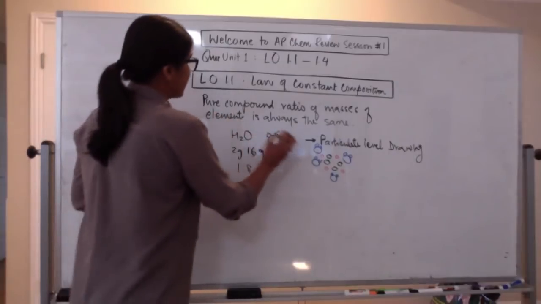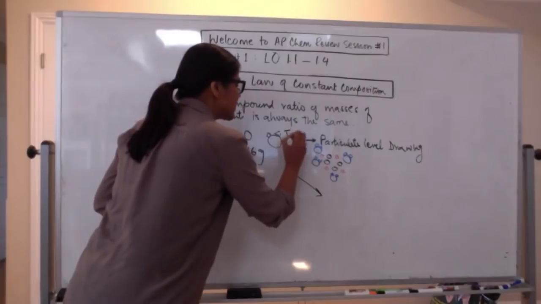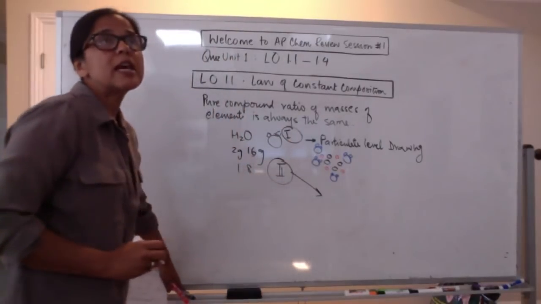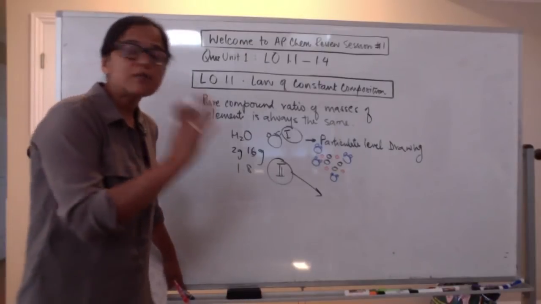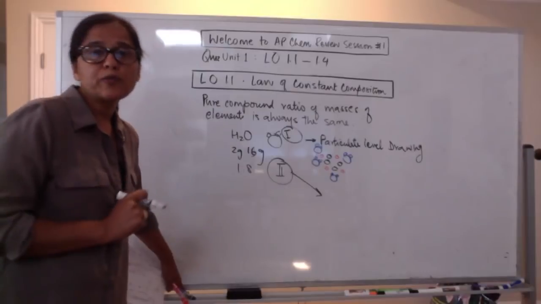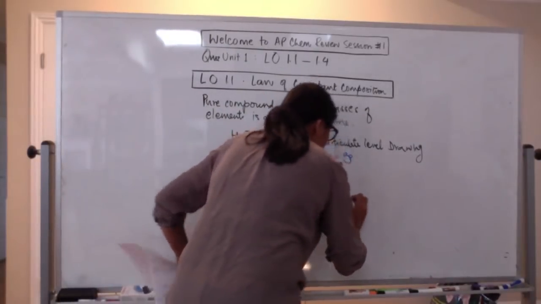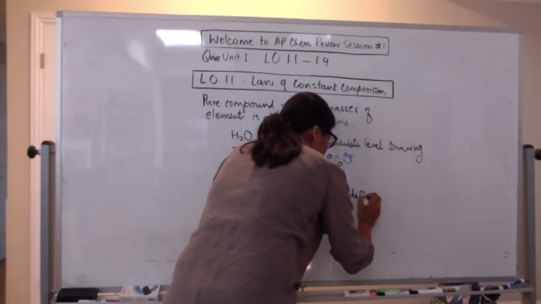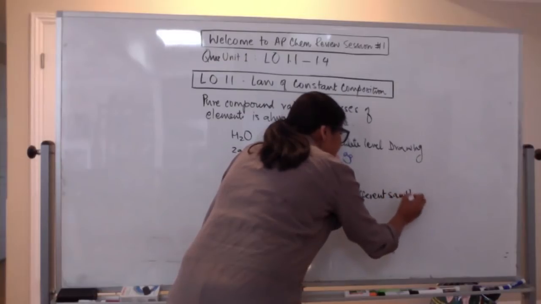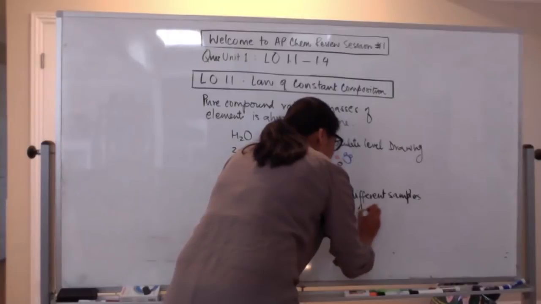The second type of application of law of constant composition comes sometimes in problems where they give you 2 different samples of the same compound and ask you to find the ratio of a certain element.